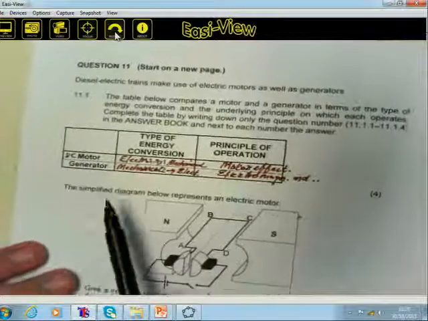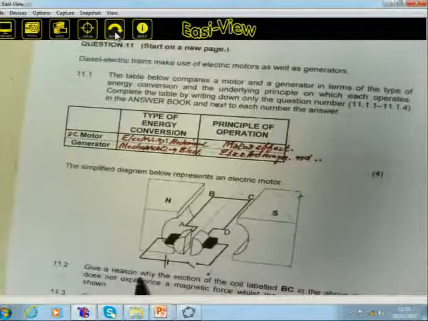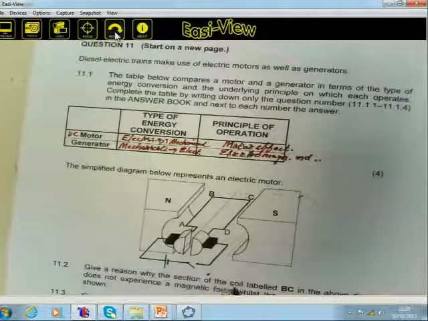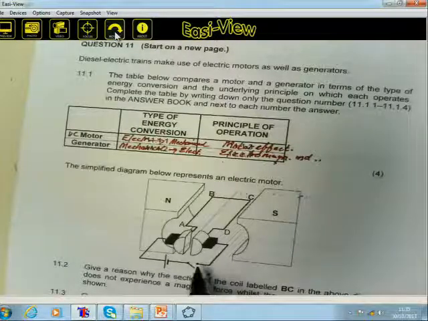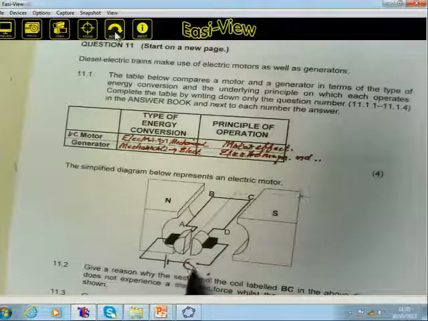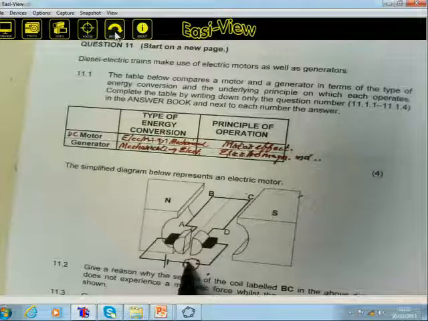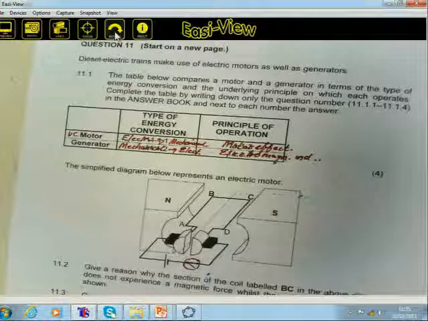The simplified diagram below represents an electric motor. Give a reason why the section of the coil labeled BC in the above diagram does not experience a magnetic force while the coil is in the position as shown. Right. Firstly, you must take this as the switch being closed, so please don't use this as an answer. The switch is closed.